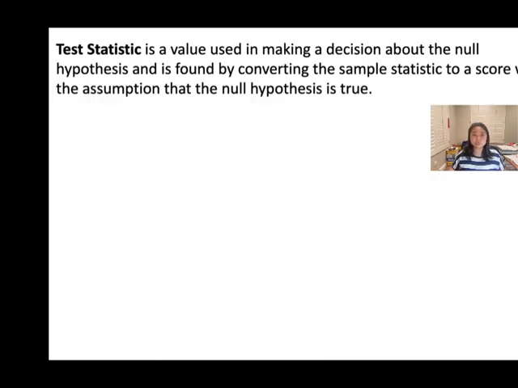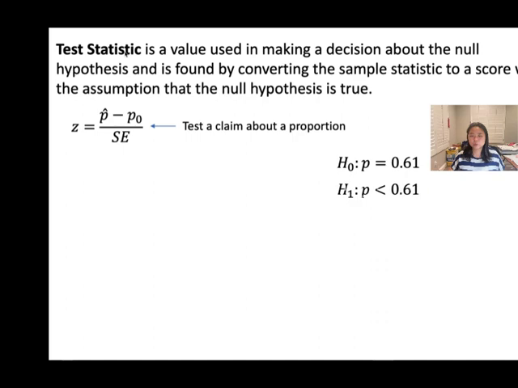A test statistic is a value used in making a decision about the null hypothesis and is found by converting the sample statistic to a score with the assumption that the null hypothesis is true. So what is a test statistic? When we're working on a claim about a proportion, we have this formula to calculate the test statistic. For example, we have the null hypothesis population proportion equal to 61%.